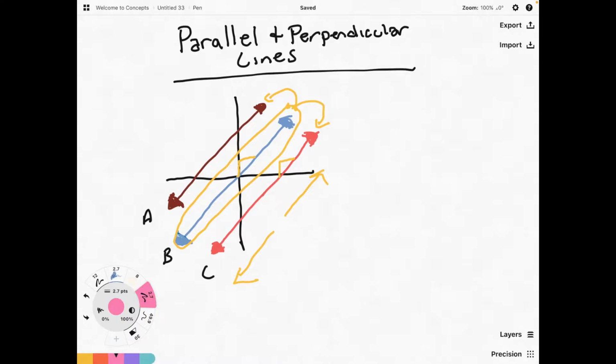This increase across the x and y axis is the same on both of these lines, which then tells us, again, that the slope is the same.